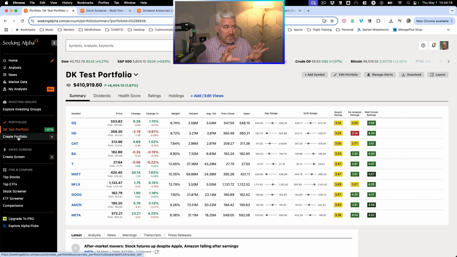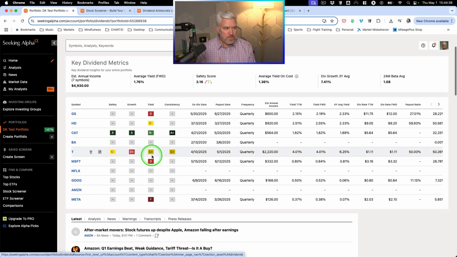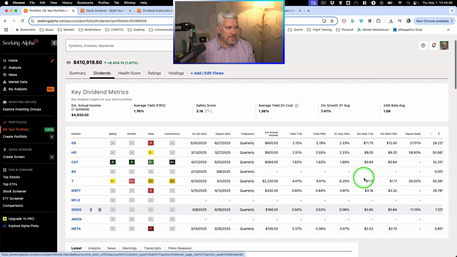Now we're starting with the summary page, but what you want to look at are these tabs just above the table of stocks. And I just have 10 stocks in here, a mix of different things. We're going to focus on this dividends column. What's great about the tool here on Seeking Alpha is that it rolls up the dividend payouts that you're expecting for individual stocks. We can see some stocks like a Netflix don't pay a dividend, so these are just zeroed out when you go across the board.